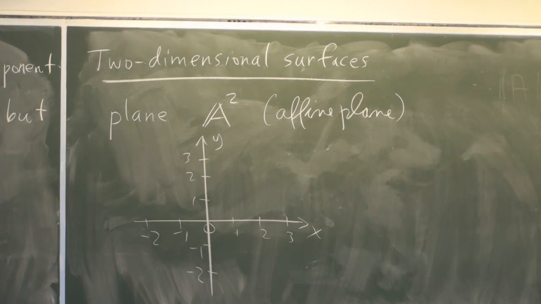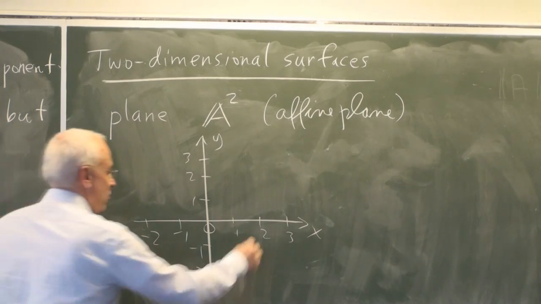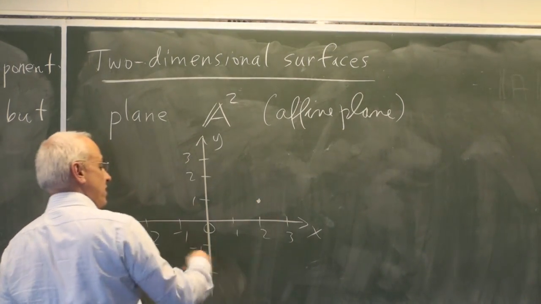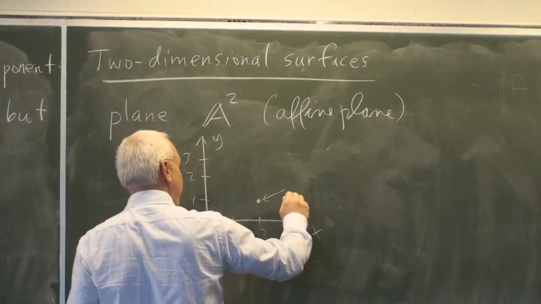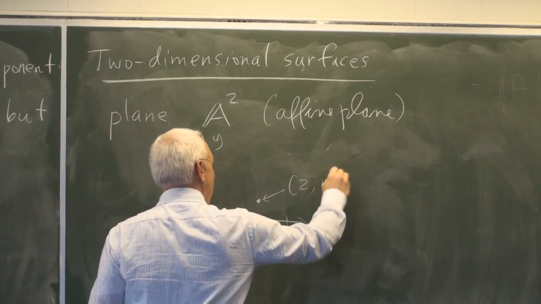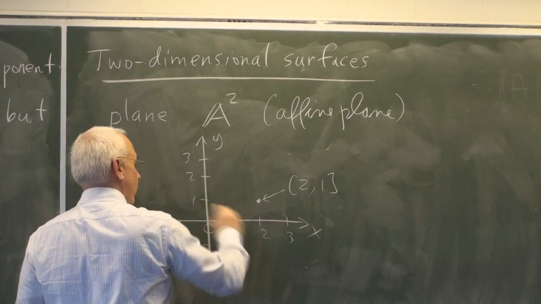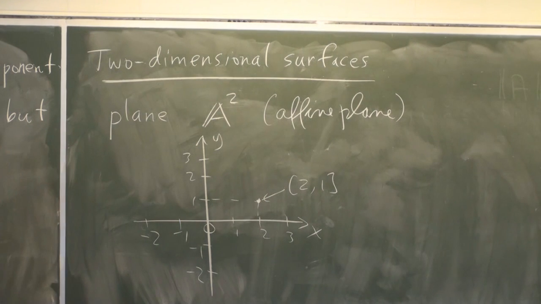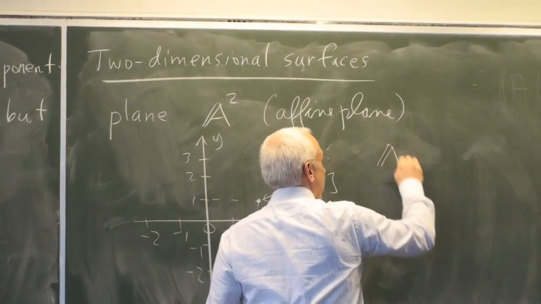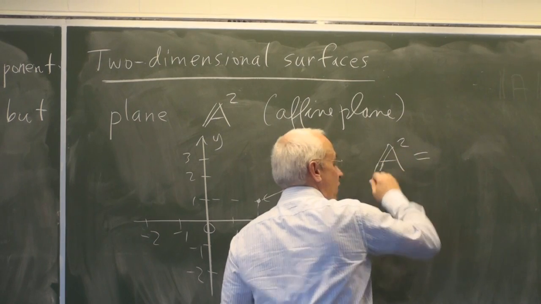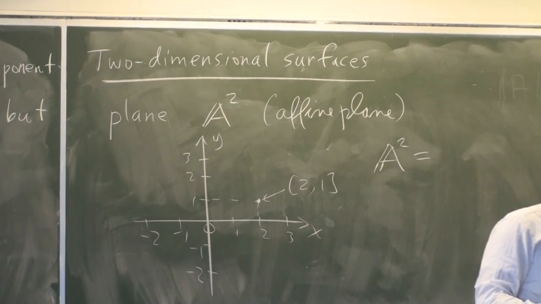And if we want to, we can use this coordinate system to talk about any particular point in the plane in terms of its coordinates. So that point there might be (2, 1). Its x coordinate and its y coordinate specified in an ordered pair. And this notation suggests to us that, in fact, A2 is really a combination of two A1s.